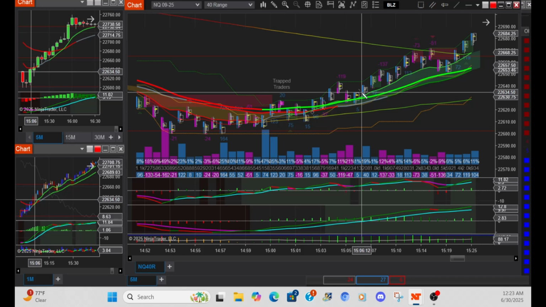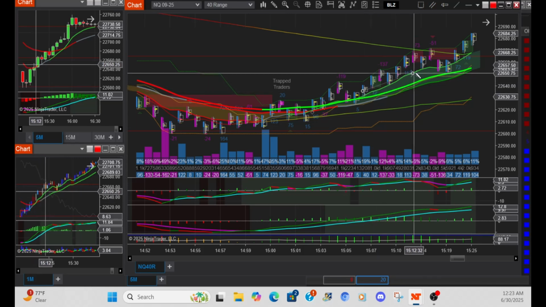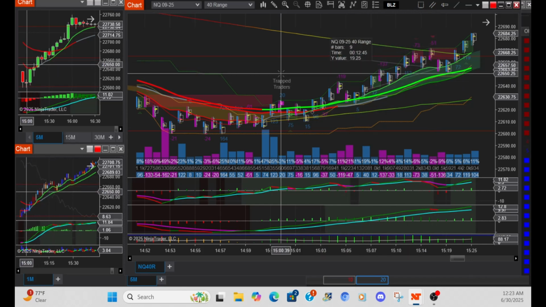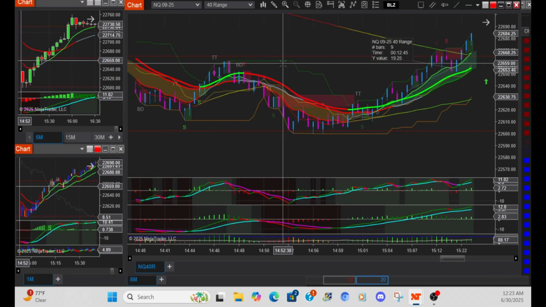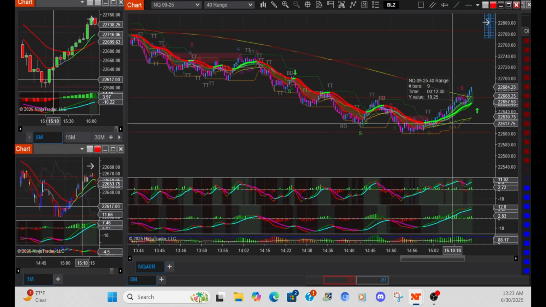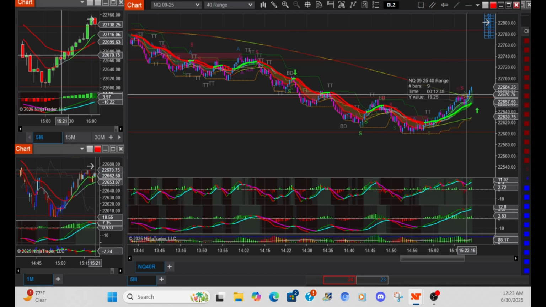You want to make sure your other conditions with the 5 and the 1 are intact. So this here, nice little trade.